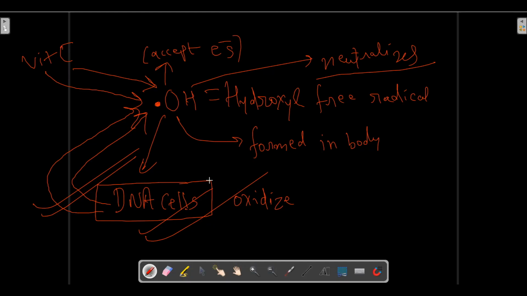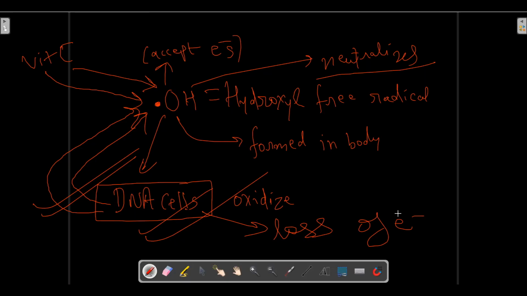So vitamin C acts like an antioxidant because it is preventing the oxidation of DNA cells, and that's why it is an antioxidant. Preventing oxidation means it prevents the loss of electrons.